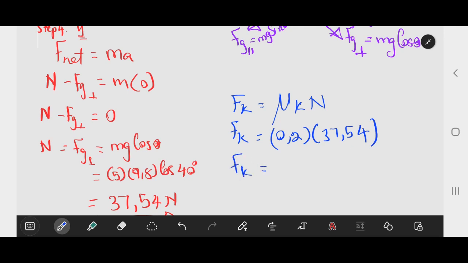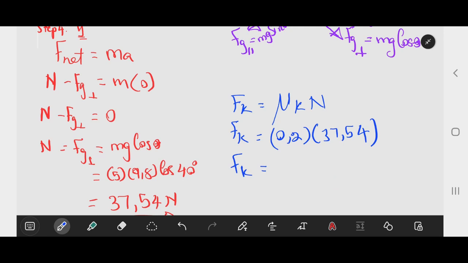So as you can see, frictional force is a function of the normal force. If the normal force changes, the frictional force also changes, right? And in this case, the normal force has decreased to 37.54 if you increase your angle of inclination to 40 degrees, right? So if the normal force decreases, we also expect that the frictional force decreases.